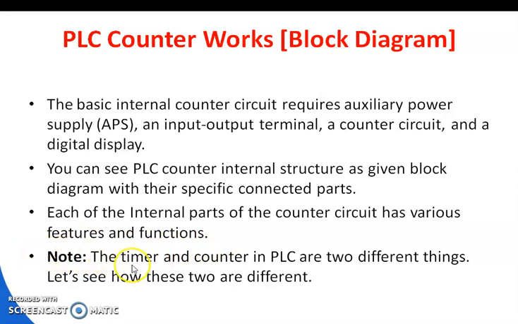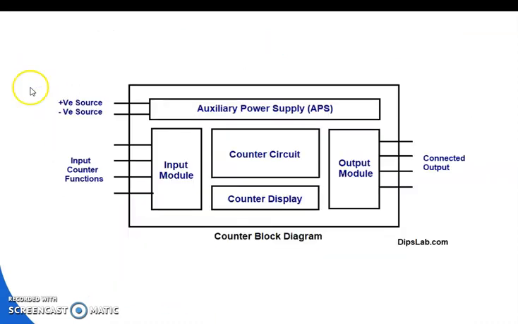Next one, the timer and the counter in PLC are two different things. Let us see how these two are different. This one is the block diagram of the counter. See, this is the power supply, auxiliary power supply block. The positive voltage source and negative source terminals are marked here.